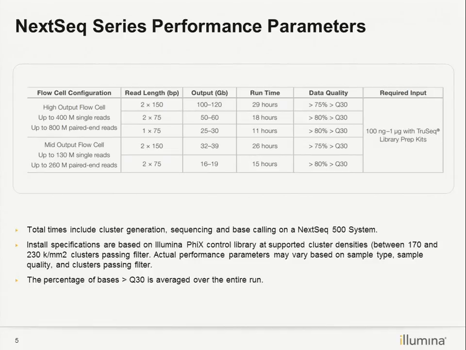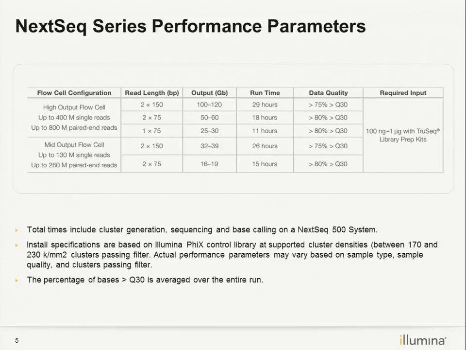For the mid output, we don't have a 1 times 75 cycle option. So unfortunately, if you have a few samples and you still want to do 50 cycles of single read sequencing, you still need this kit, but that means you are going to waste more than half of the sequencing images. Alright, so this is the data quality specification.